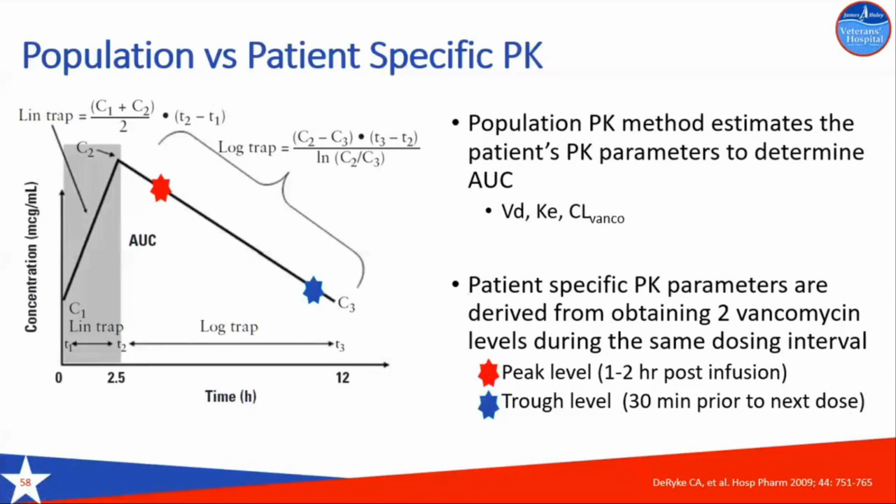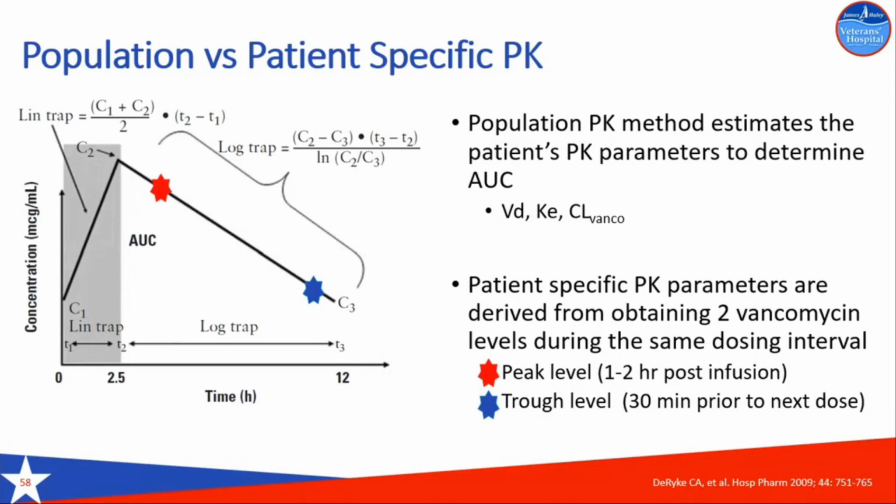All right, so I have another concentration time curve for you that's showing you pretty much the population PK parameters for vancomycin. I have a couple of equations up on the side there. What we're looking for in these patients is not only the trough level represented by that blue star, but we also want a peak level.